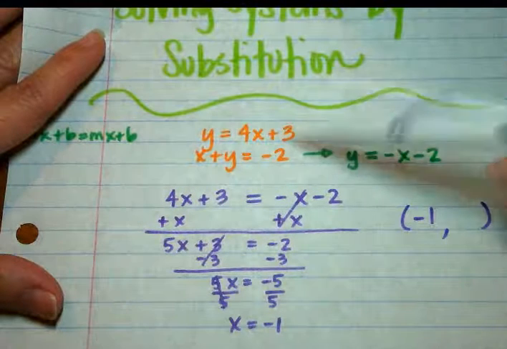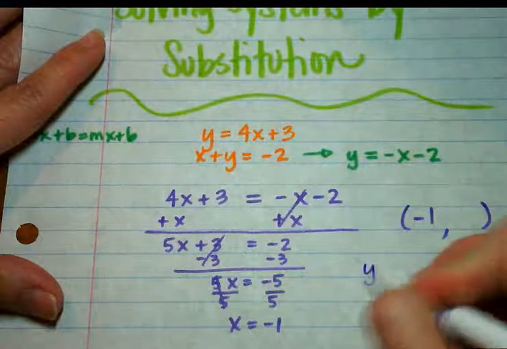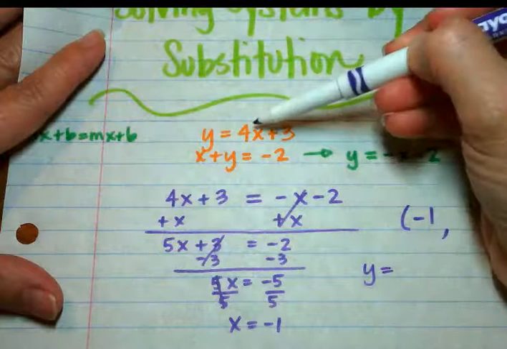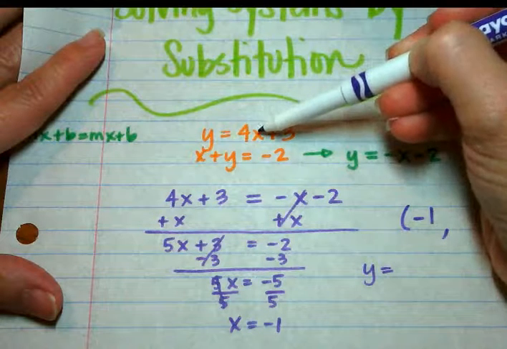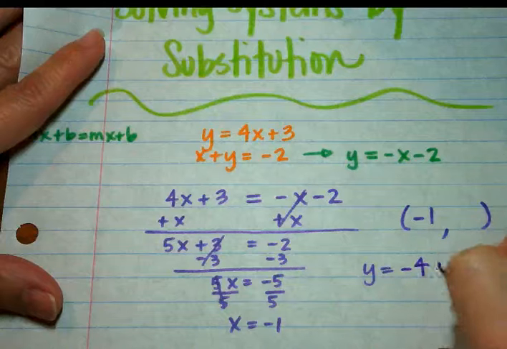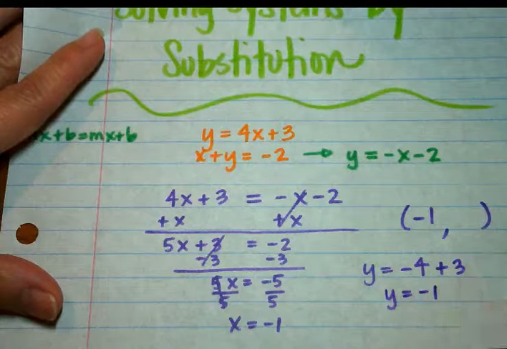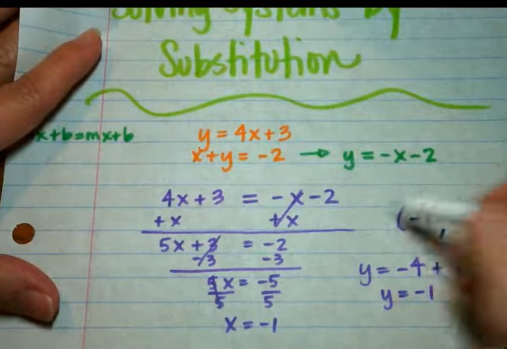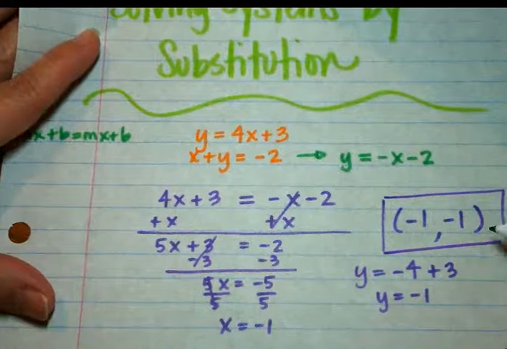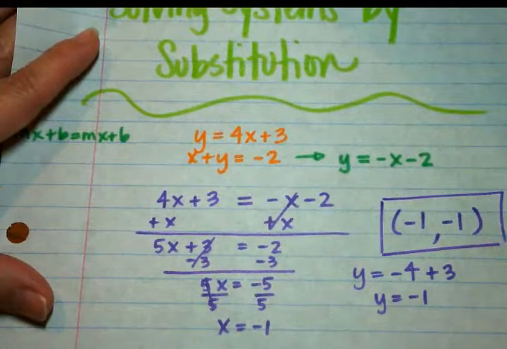I'm going to go with the first one. Since x is negative 1, this is 4 times negative 1, which is negative 4, and then plus 3 means that y is negative 1. So these two lines meet at that point, and that is the solution to the system.